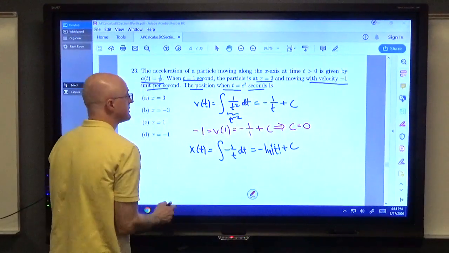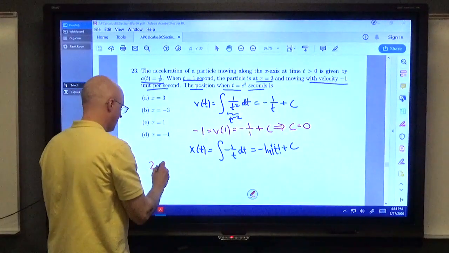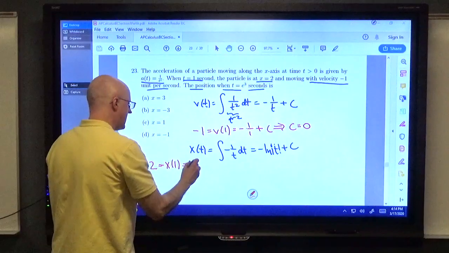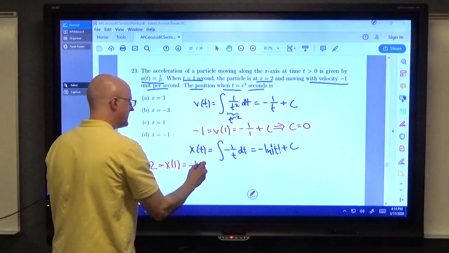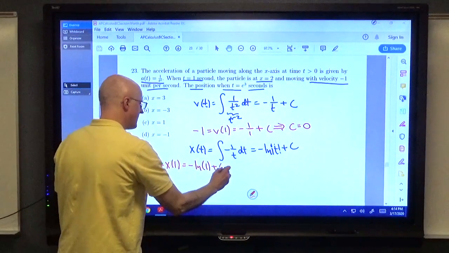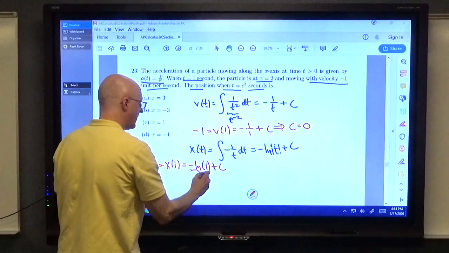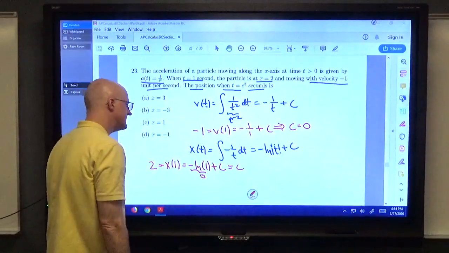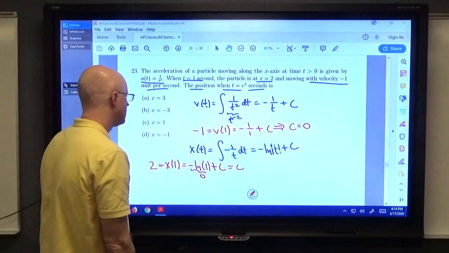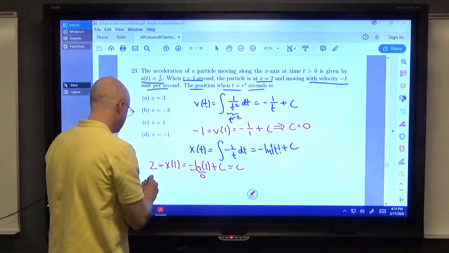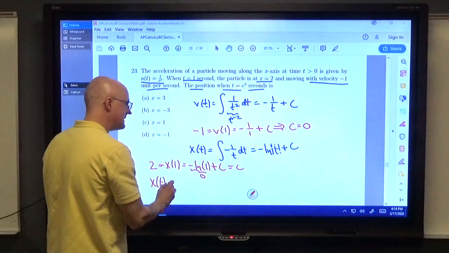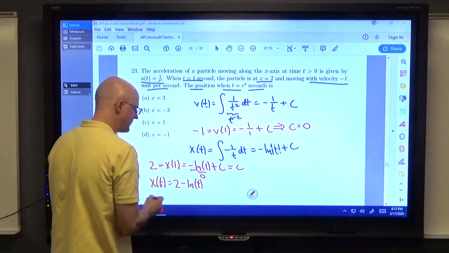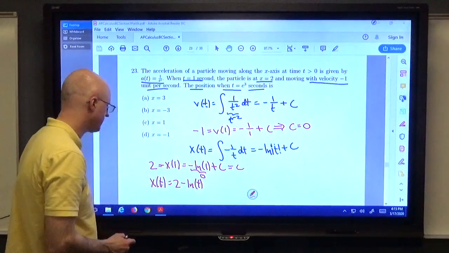Now use the initial position of 2 when t is 1, and since natural log of 1 is 0, that c is 2 in this second integral. The c is 2. So x as a function of time is 2 minus the natural log of t, and again I don't need absolute value signs here because t is positive.